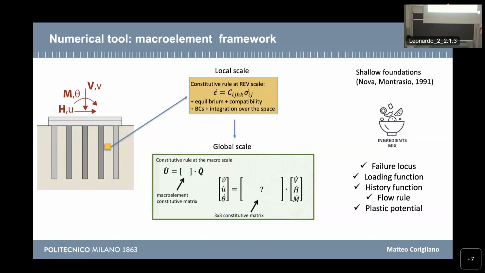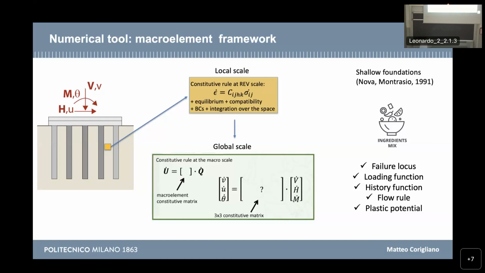And I will develop this tool in the framework of the macro element approach. That is an approach widely used for problems of foundations, for example, for shallow foundations. And the idea is to pass from solving a problem at the local scale to solving a problem at the global scale.